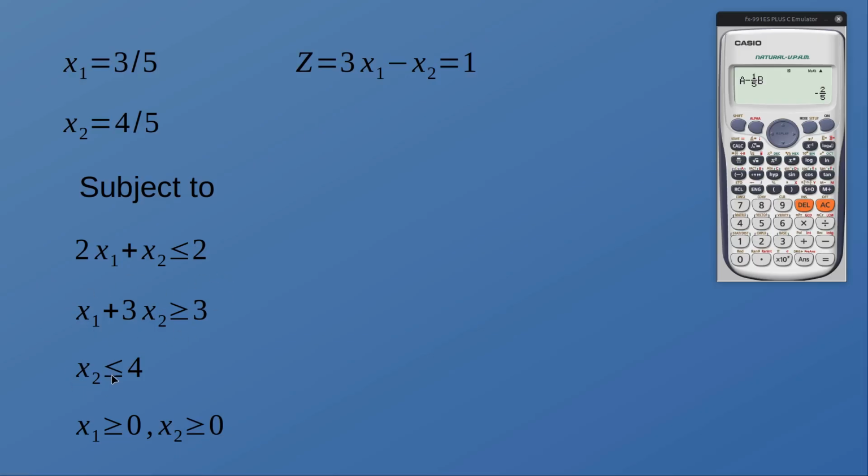And in the third constraint, x2 plus s6 is 4. So if you take 4 here and you take the value of x2 here, so that makes it 4 minus 4 by 5 makes it nothing but 16 by 5. Right? That is 5 fours are 20 minus 4 makes it 16 by 5. Right? So we are pretty much done now with all our calculations.